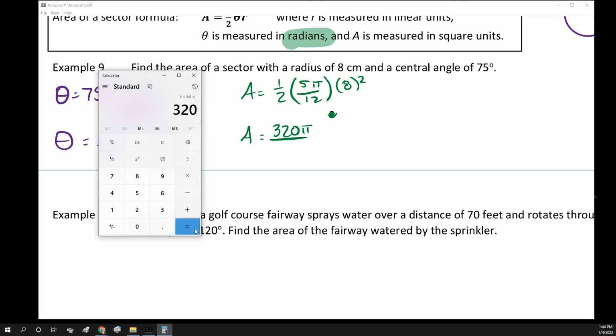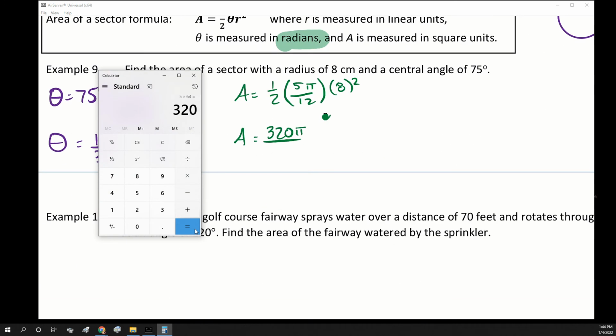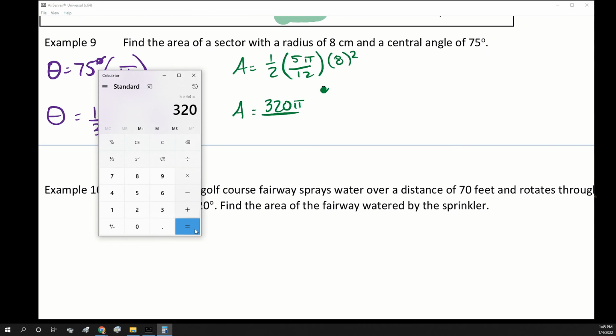Sorry, I'm pausing. I've just been making some crazy mistakes when I did this earlier. All right, and then in the denominator, it's 2 times 12, which is 24. They can definitely both reduce by 8.